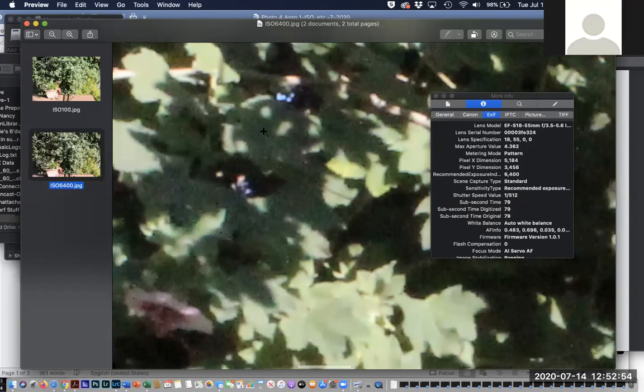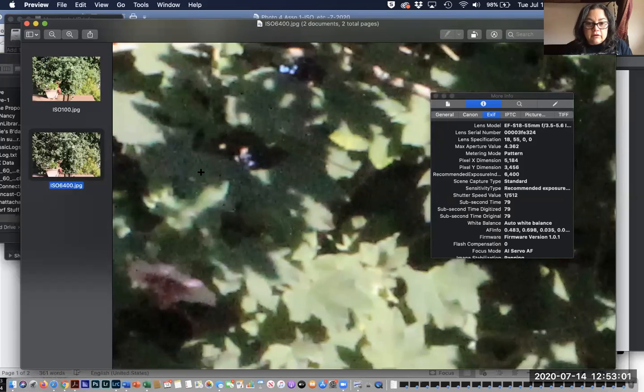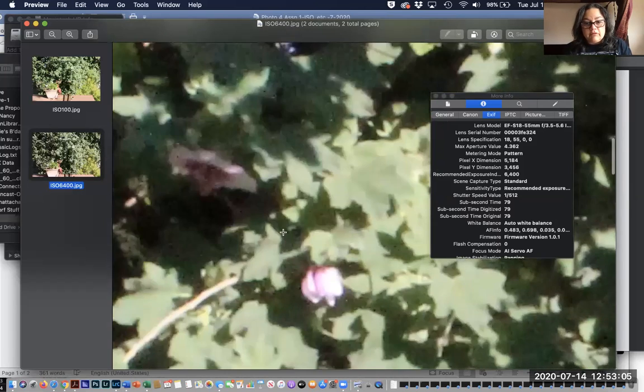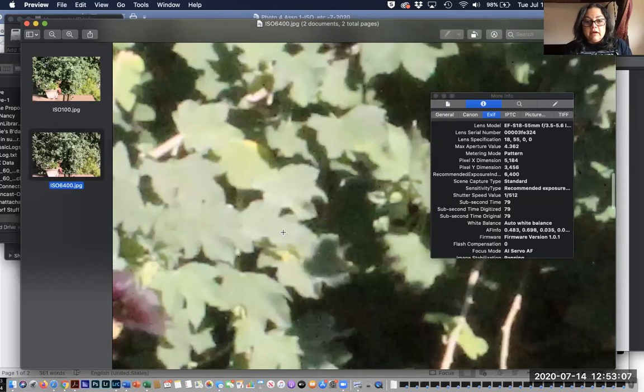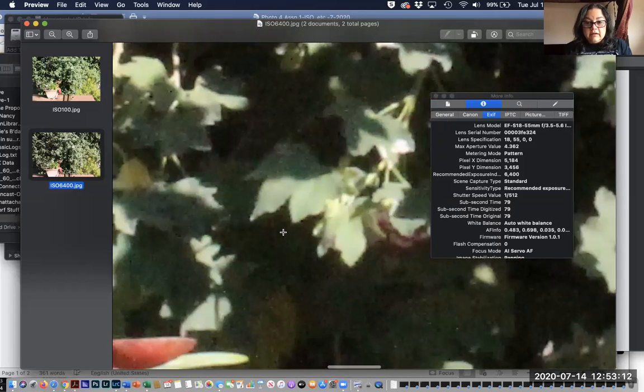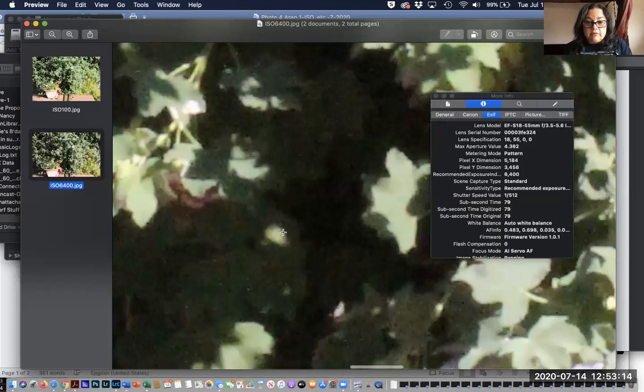But if you can see these little black blobs, black and white, little blobs of color, purple in here, and different greens that don't really belong there. Those are because of the higher ISO rating. And the higher the ISO rating you use, the more of these little what are called artifacts, the more of these things that don't belong there will appear.